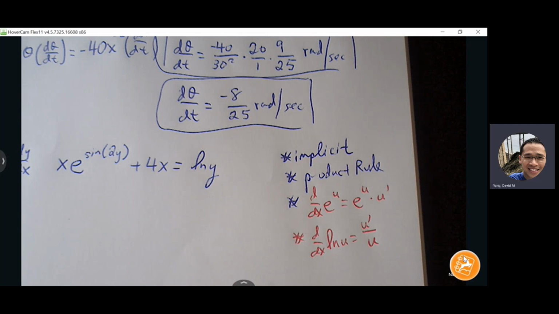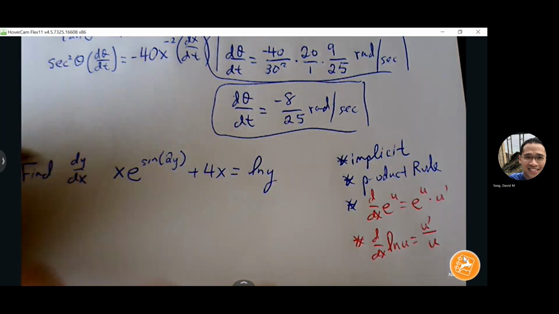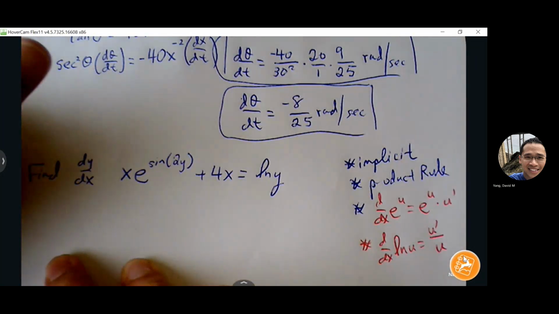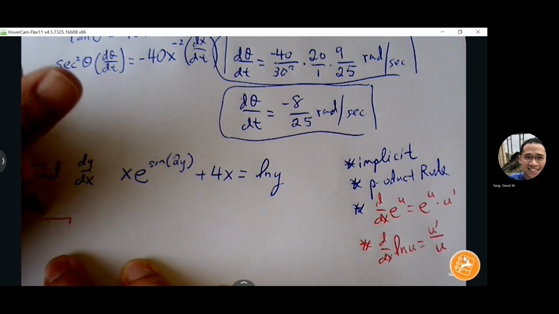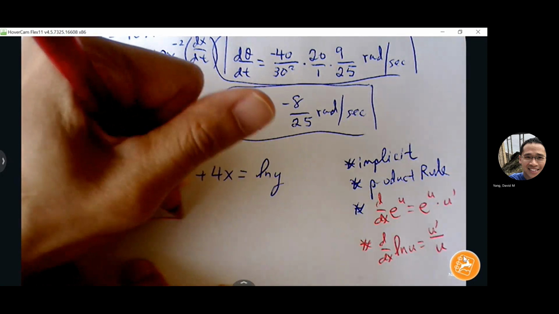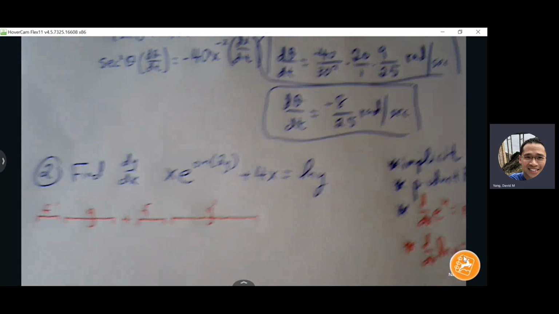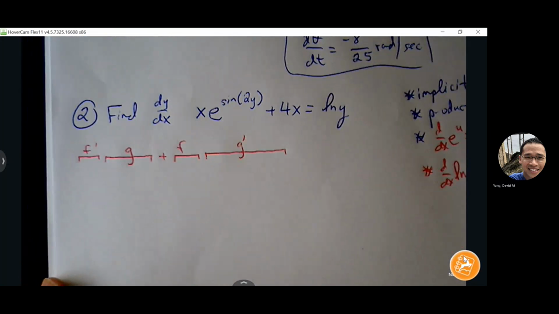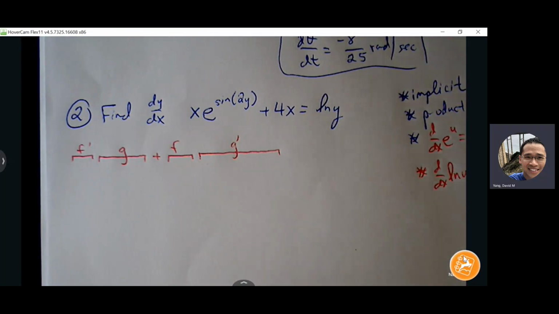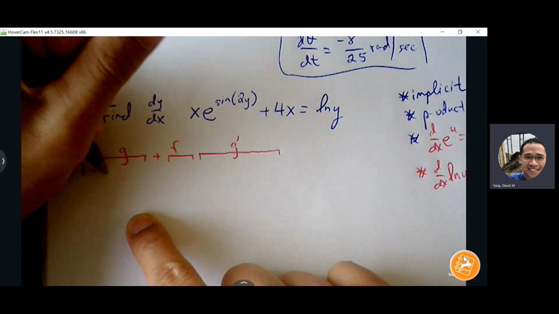Okay, so let's go ahead and start building our derivative here. Product rule, f and g. So x becomes 1, g stays.